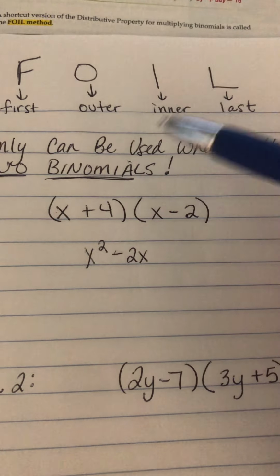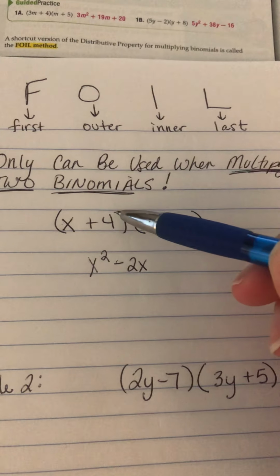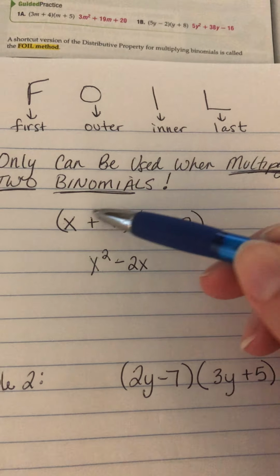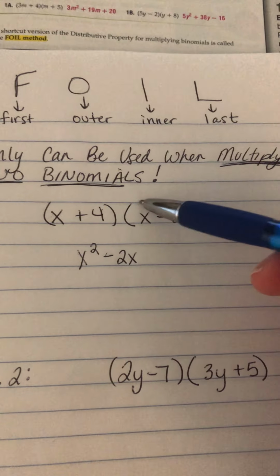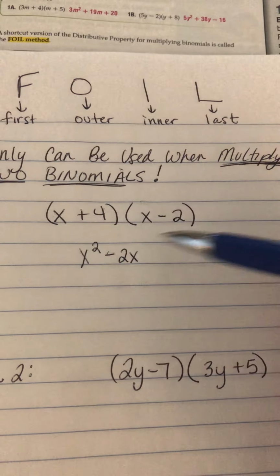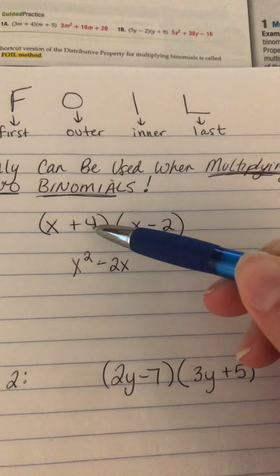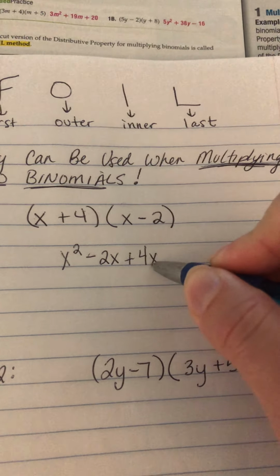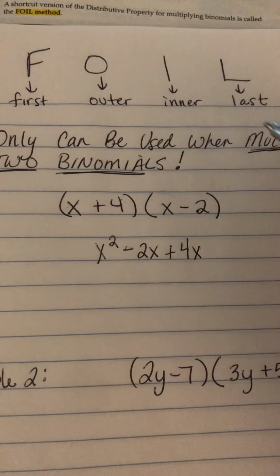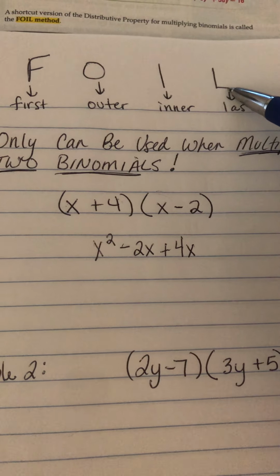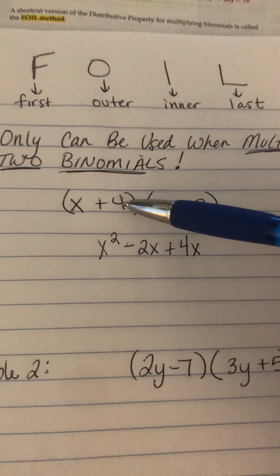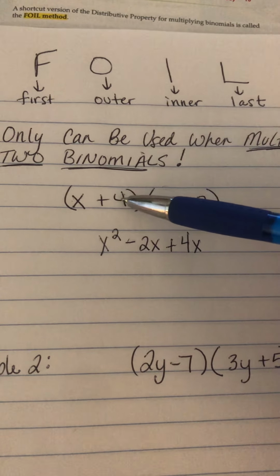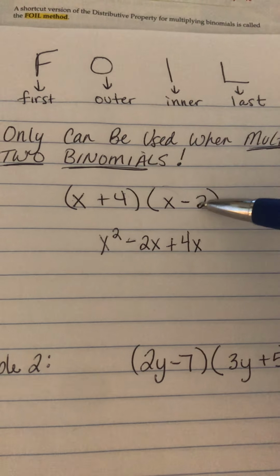Then the I stands for inners. The two inner terms are the +4 and the x. They're on the inside of the problem. So 4 times x would be +4x. And then the L for last: the last terms in each binomial are this 4 and this -2.